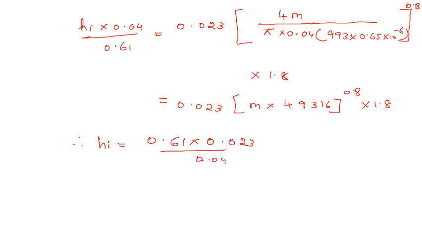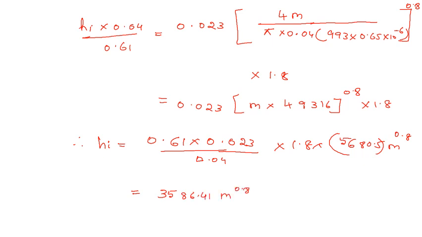We have got this from the left hand side of the equation, into 1.8 into 5680.5 into m to the power 0.8. So on simplification, we get that as 3586.41 m to the power 0.8.